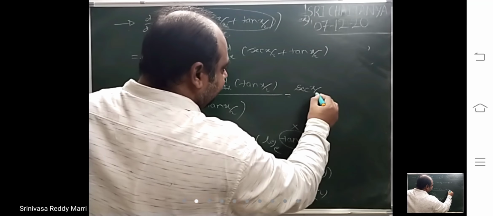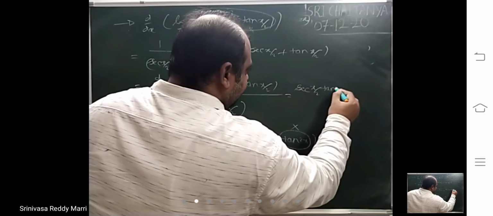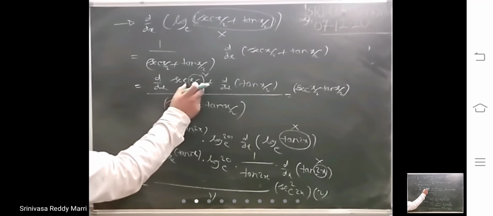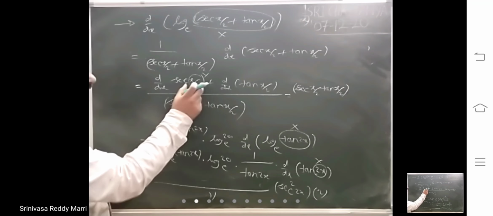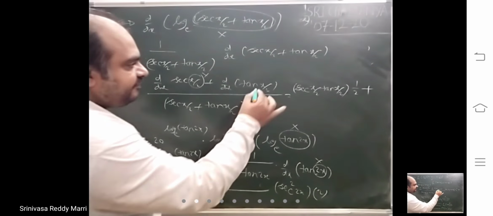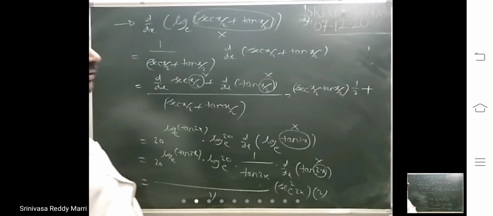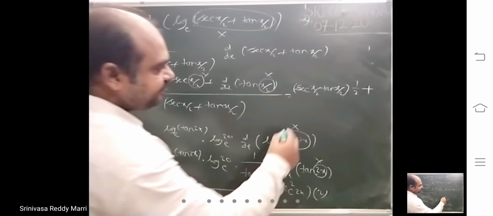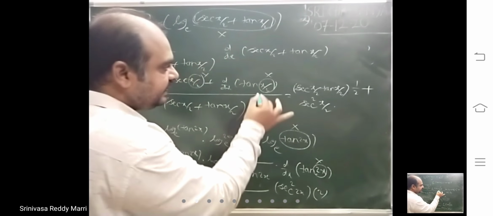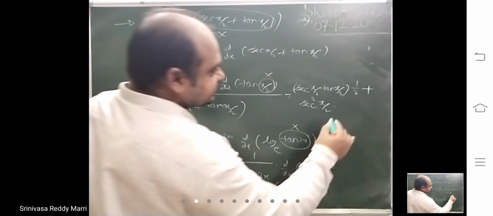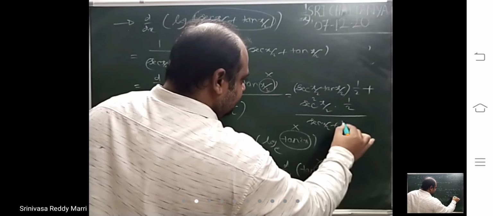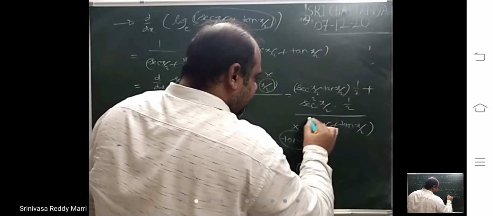So secant capital X tan capital X into derivative of capital X. d by dx of x by 2 is 1 by 2, plus d by dx of tan x by 2. You treat this as capital X. What is the derivative of tan x? Tan capital X is secant square capital X into derivative of capital X, d by dx of x by 2, 1 by 2, divided by secant x by 2 plus tan x by 2.